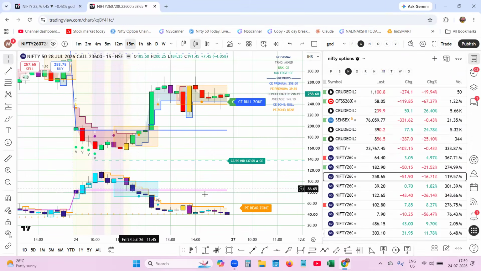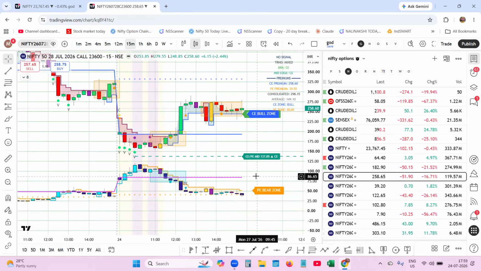Here, I'll take you to the option. I applied the 23,600 call option and the 23,600 put option. When I apply it, it automatically selects the 23,600 call and the 23,600 put option simultaneously.